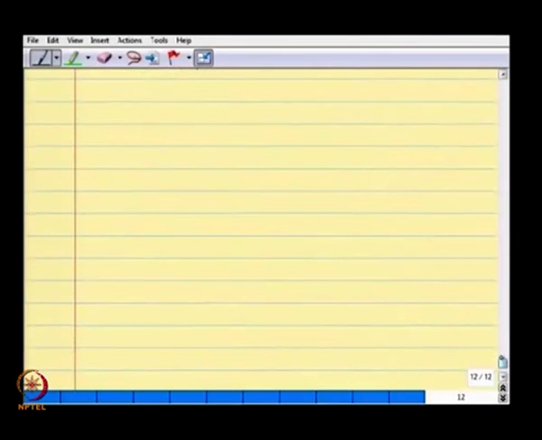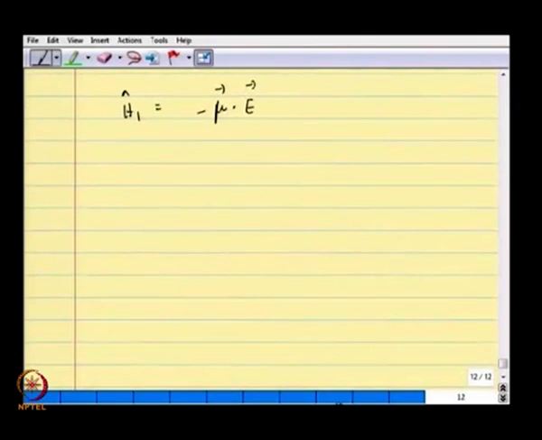lowest energy level. So, if we assume the perturbation H1 to be of a specific form, let me see which I have used in my lecture notes. Yes, I have used the electric field, the electric dipole moment in the presence of an external field E. This is the electronic dipole moment of the system, and E is the external field.